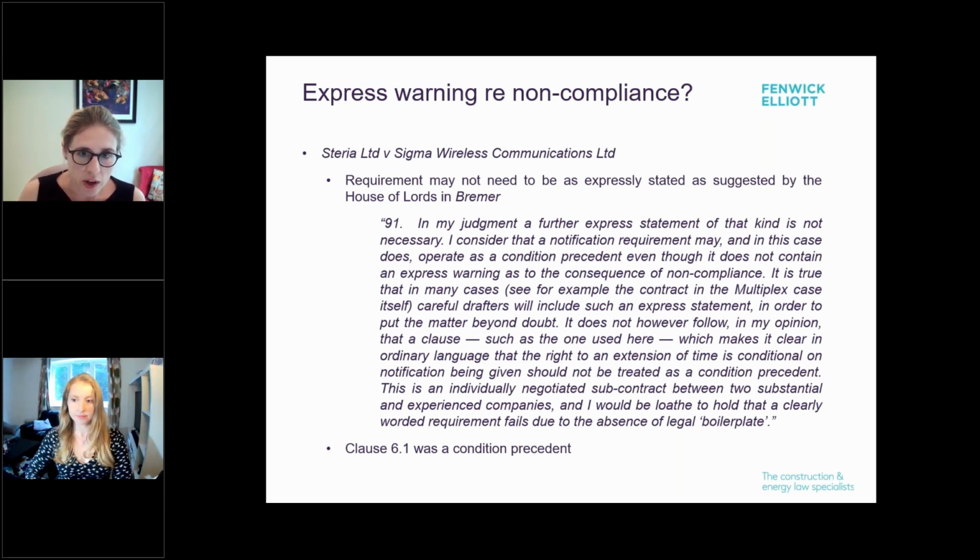So this again is something you need to be aware of, this case, when you're assessing whether you've got a clause that is a condition precedent or not. You have to look at things in the round. And he held that in this case, clause 0.6.1 was a condition precedent. And he did that despite the harshness of the decision.